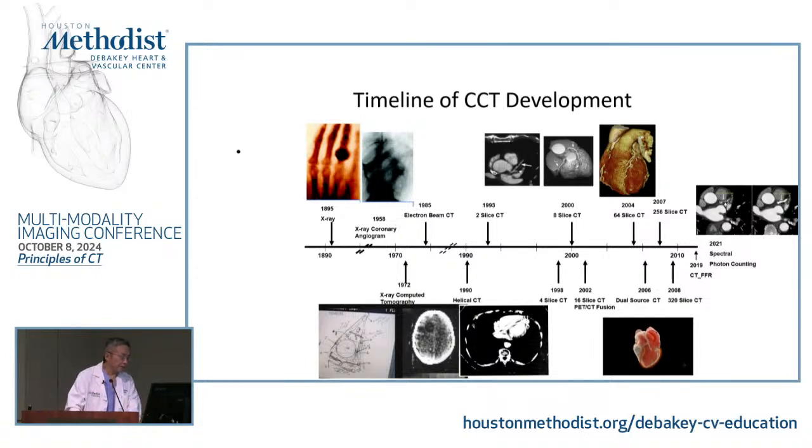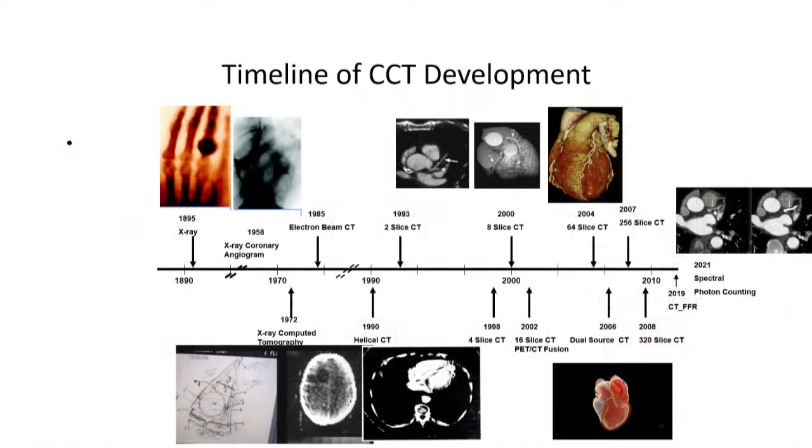The possibility of doing coronary CTA did not happen until the late 1990s, where 16-slice CT was available. That was the first time we had enough temporal resolution and enough coverage to reasonably freeze the coronary. And you can see since that time till now, there's been an explosion.